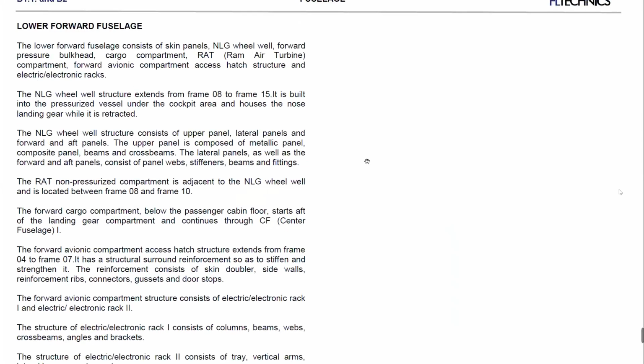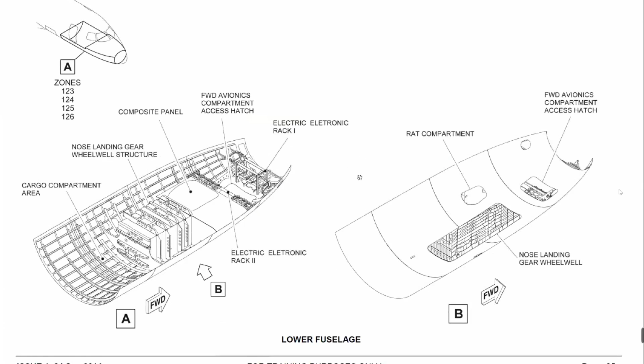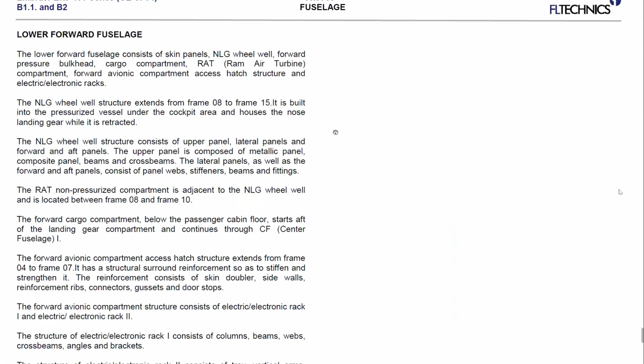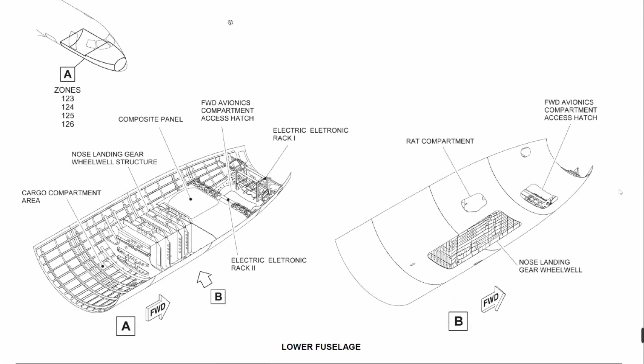Lower forward fuselage, have a look. I'm not going into details with all these numbers here to tell you all these frames, one by one. I just want to focus your attention on the main structural components and which components you can find in the different fuselage sections. So here, when you talk about the lower area, as we said, we have the opening for the forward avionics compartment.